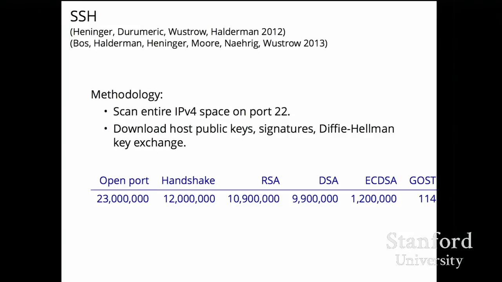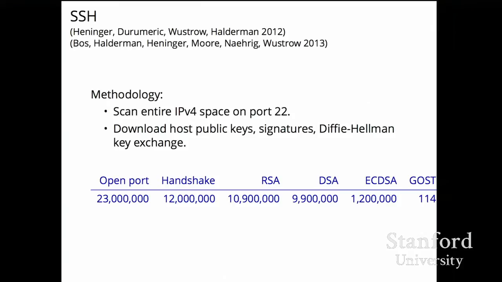For SSH, we did something similar. We scanned the entire IPv4 space on port 22 and initiated an SSH handshake with the hosts. It turns out that if you scan SSH, people really don't like that. They're willing to accept scanning HTTPS a little bit more than SSH. So you get a lot of complaints if you do this. Nevertheless, we've done it. Here's something like what it looks like. You find about 23 million open ports.